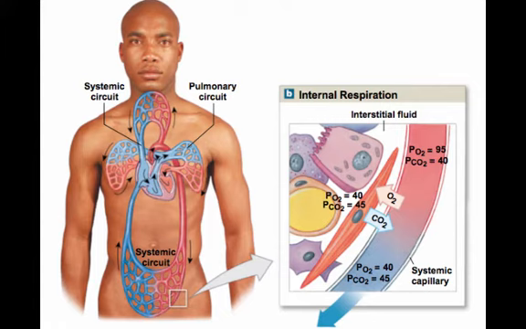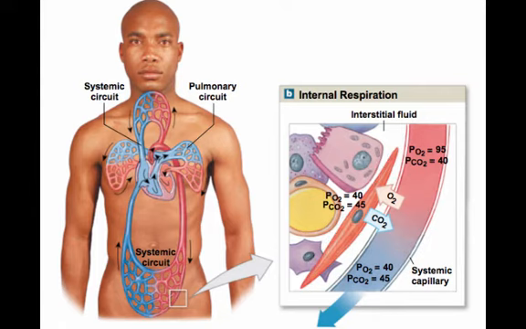In the tissues, the partial pressure of oxygen is lower, as the tissues have been using oxygen to create energy. The partial pressure of oxygen in the tissues is 40 millimeters of mercury. The partial pressure of carbon dioxide is higher in the tissues as the metabolic processes produced carbon dioxide as a waste product. The partial pressure of carbon dioxide in the tissues is 45 millimeters of mercury.